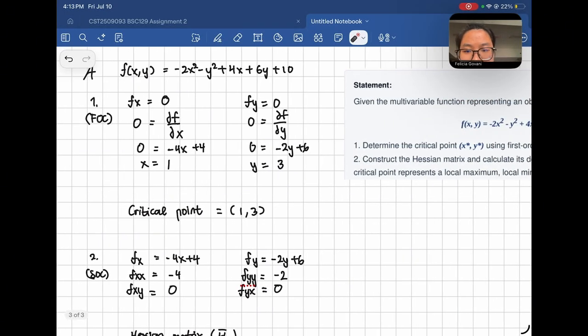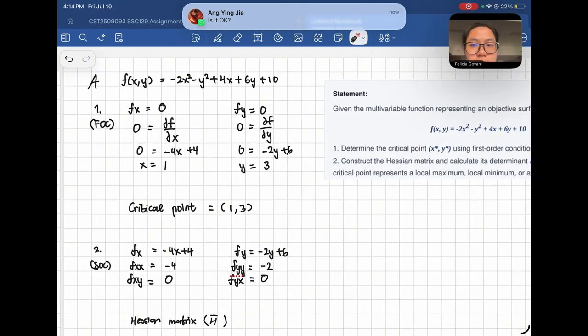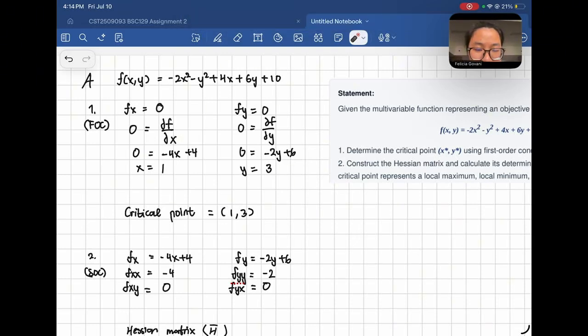Here, to find the critical point, we must take the derivative of the function with respect to x and y, using partial derivatives equal to 0. So each partial derivative for x and y will equal 0 to find the critical point. First, for the variable x, we take the partial derivative.